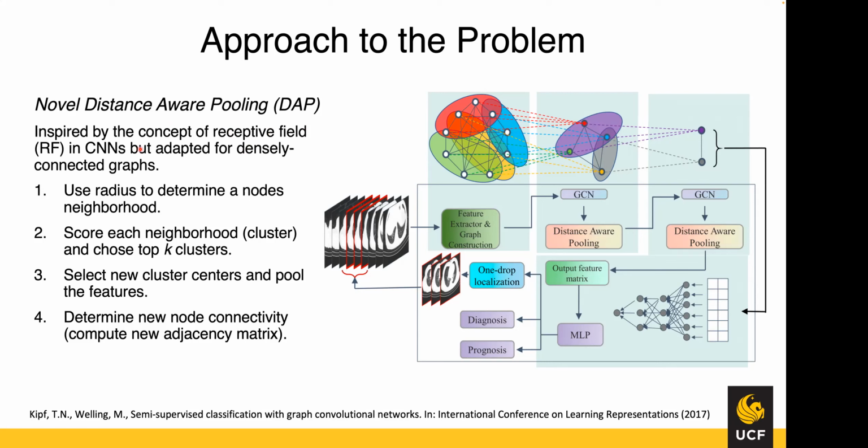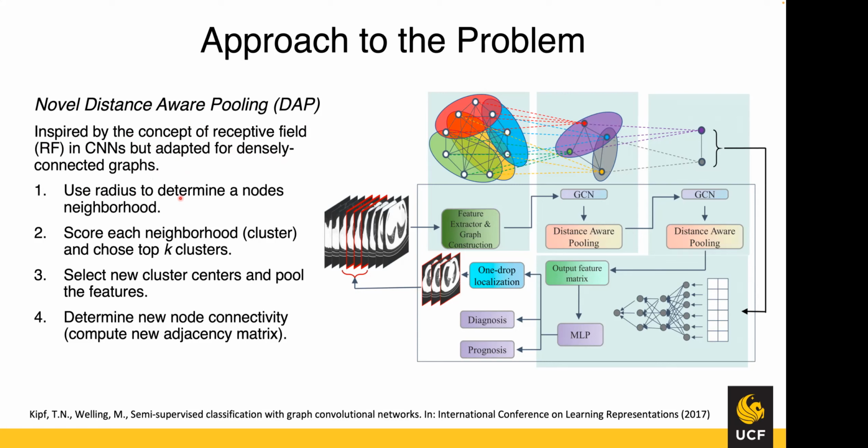Where am I? Sorry. Okay, so it's inspired by this idea of the size of the influence of a particular feature, in this case of a particular node in the graph. They adapt this to be used for densely connected graphs.